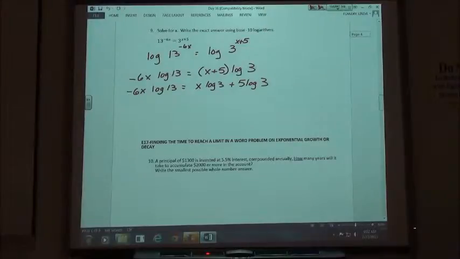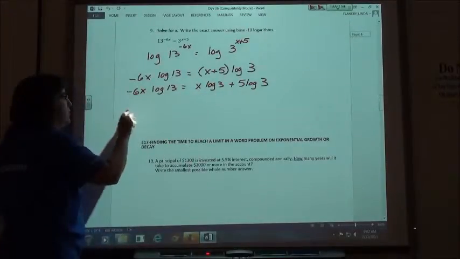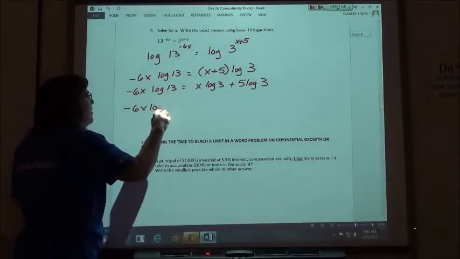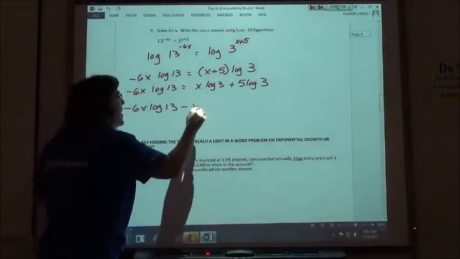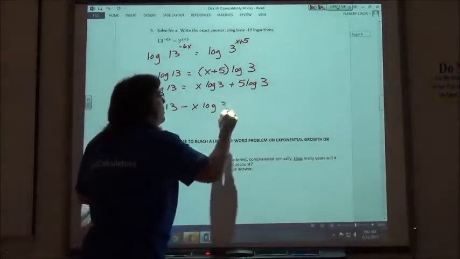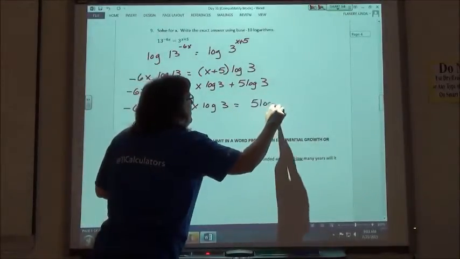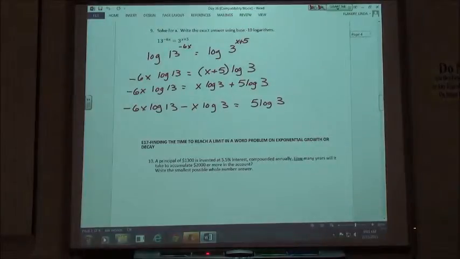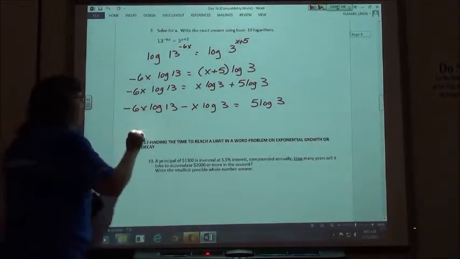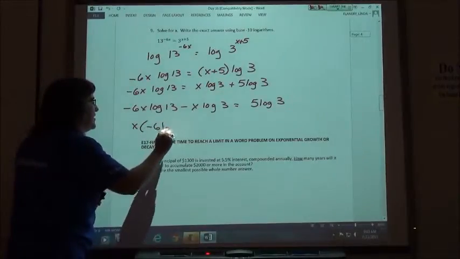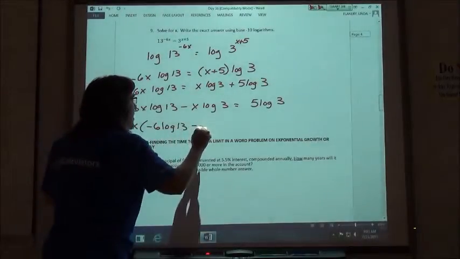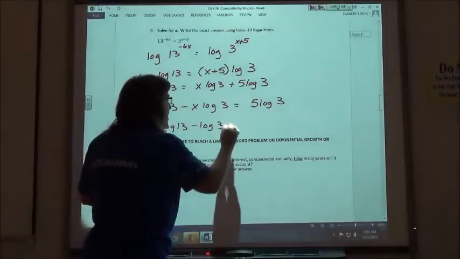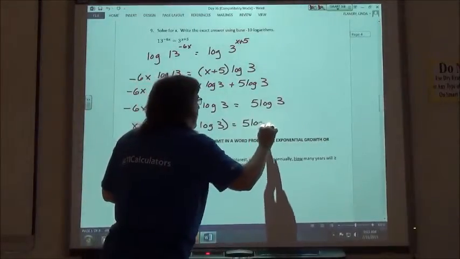Subtract your x. Move my x over here, so I'm going to have negative 6x log of 13 minus my x log of 3 equals my 5 log of 3, right? Then I'm going to take out the x. Negative 6 log of 13 minus the log of 3 equals 5 log of 3.